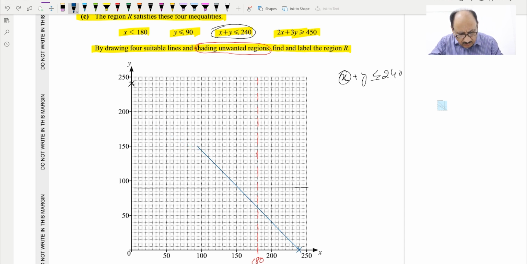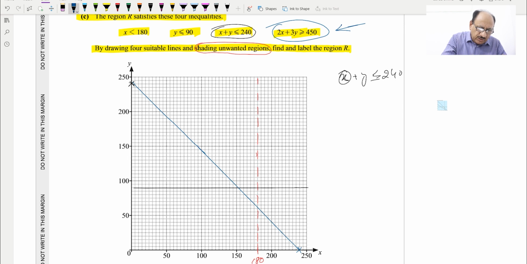So I will try to draw the accurate line. Yes, done. Now the last one is 2x plus 3y is less than 450. So if x is equal to 0, if I replace x is equal to 0 in this, y will be 150.